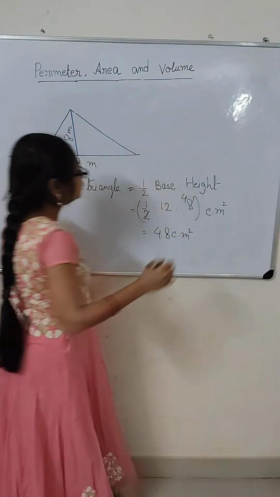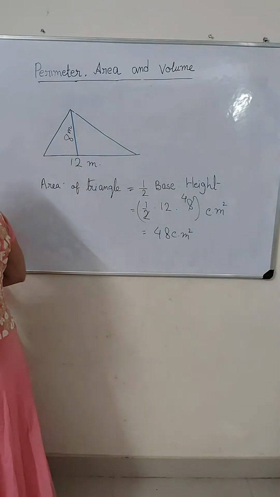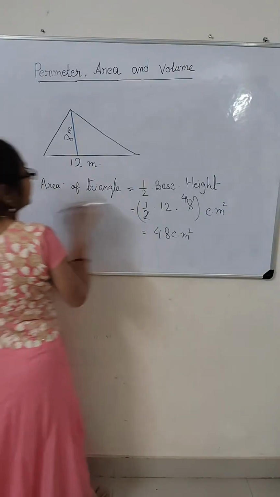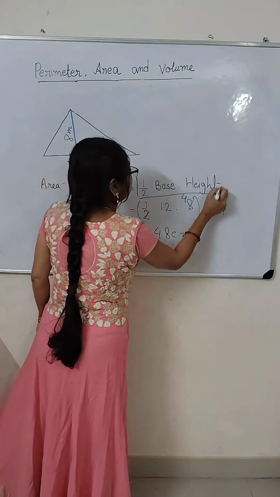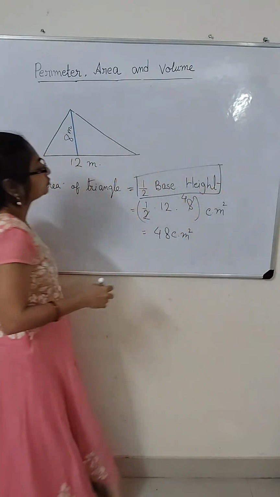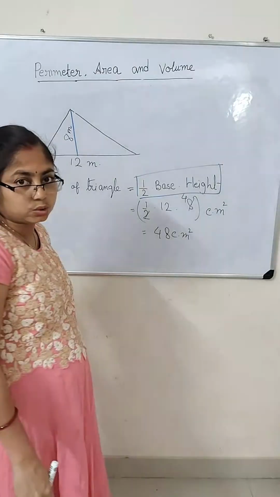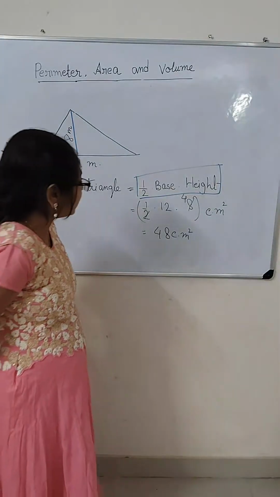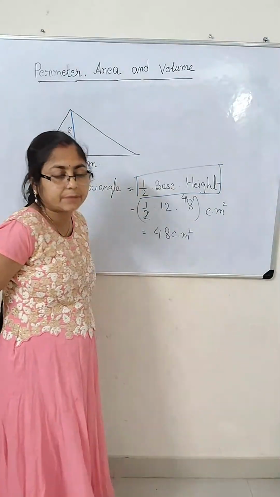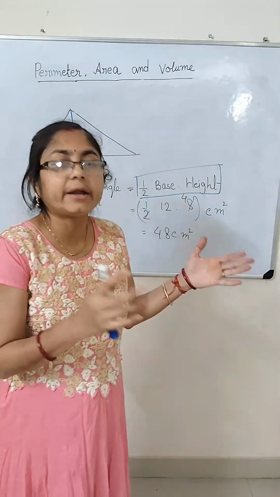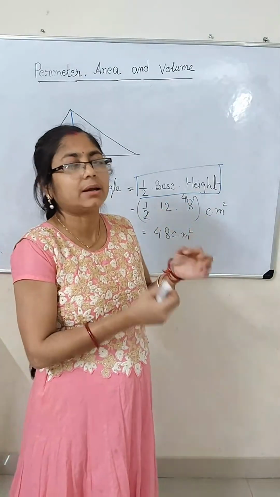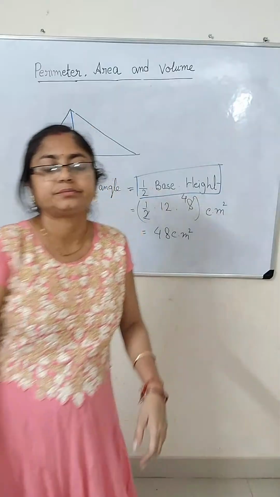I just put the value. It is the formula of the triangle. Half base into height. So I put the value. It is 48 centimeter square. First complete it, clear it, then I go to the next math and I give it a little bit twist.